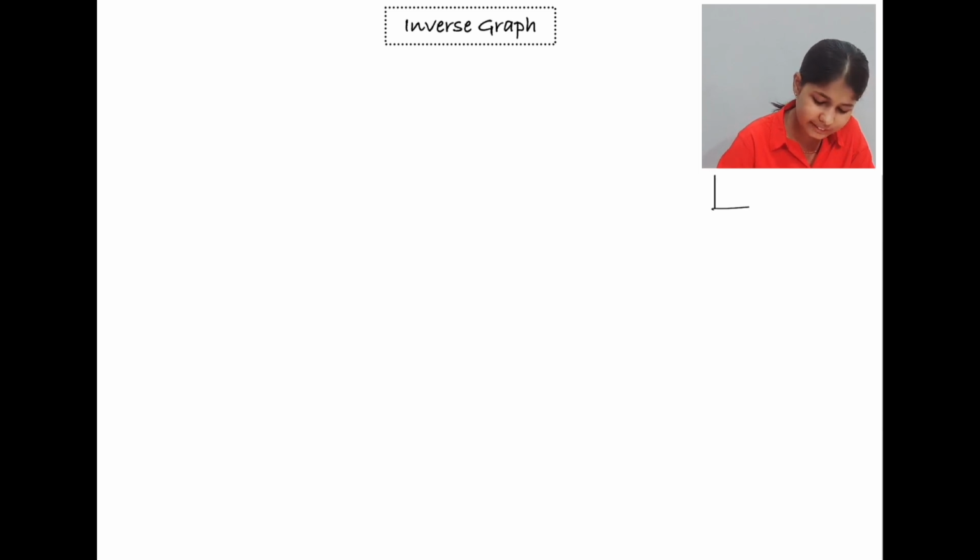So this is the x-axis, y. Okay, this is our inverse graph.